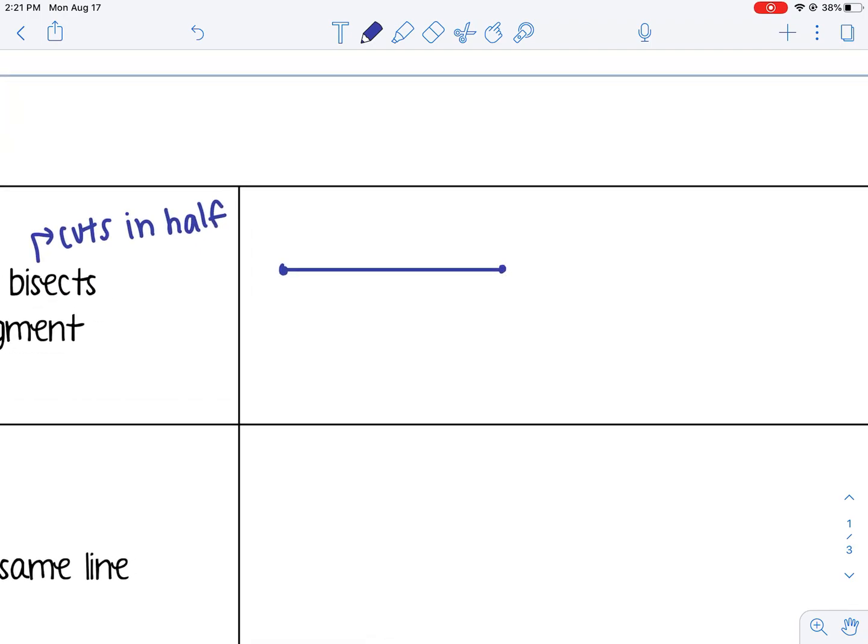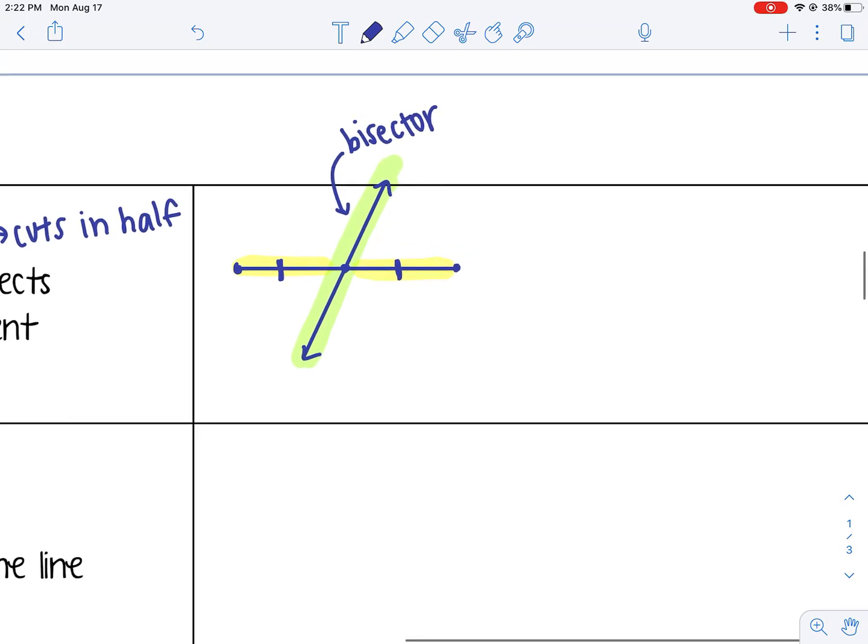So I'm going to just draw a line. And if I put ticks on here, all of those ticks are showing is that this is the same as that. And this piece right here, this line, that is my bisector. The bisector is just whatever cuts it in half.